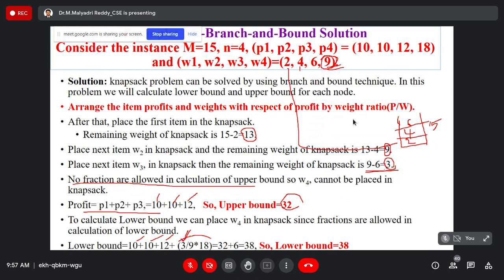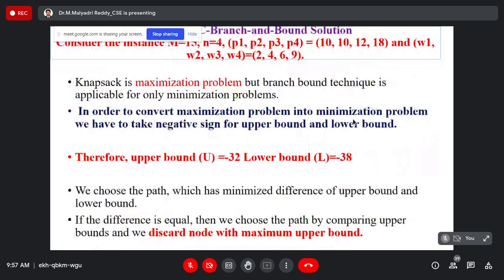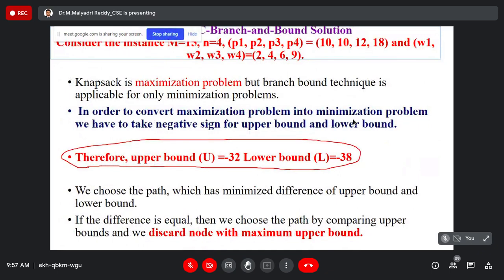So that is why it is 3 by 9 ratio into the complete profit, which is 18. So the total lower boundary is 38, right? That will be represented like this because knapsack is actually a maximization problem, but it will be represented in minimization format.